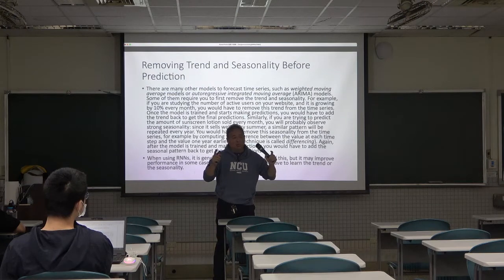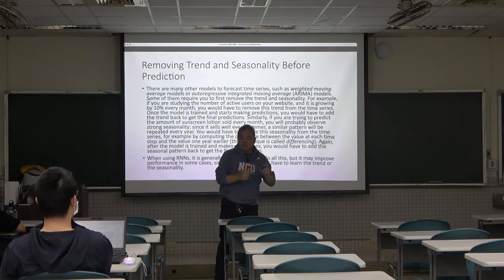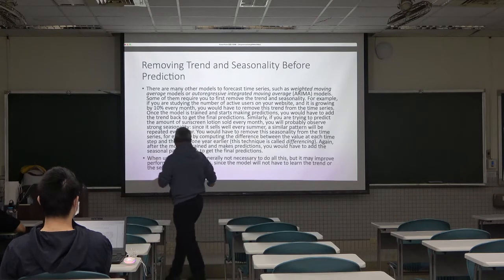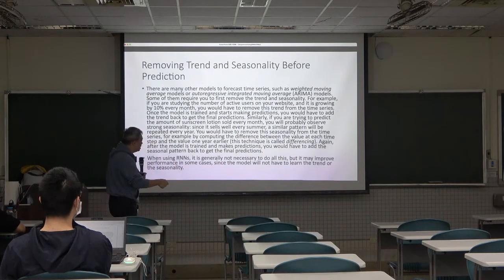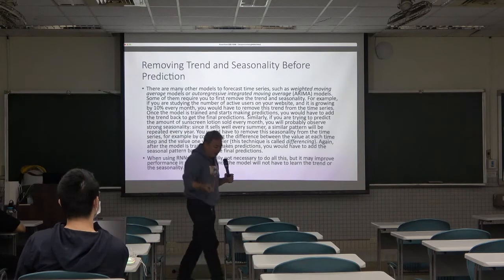Summertime sales are better, but last year also summer sales were better, right? So large number minus large number, the difference will still be reasonably small, right? So if you use this differencing technique, then you are able to remove that seasonality, and then you do a prediction by using your model.